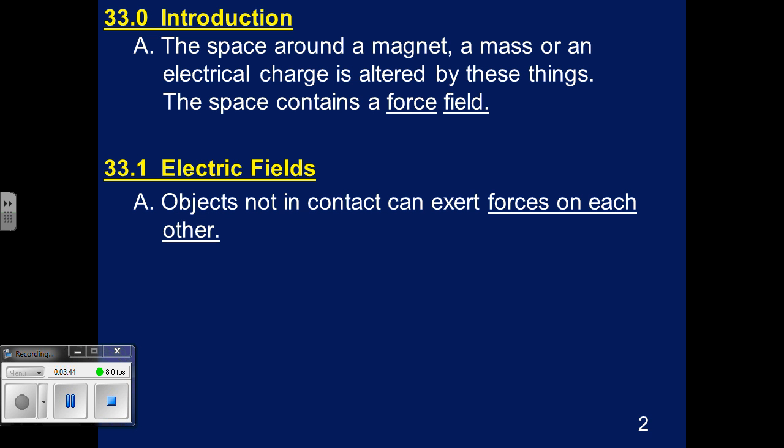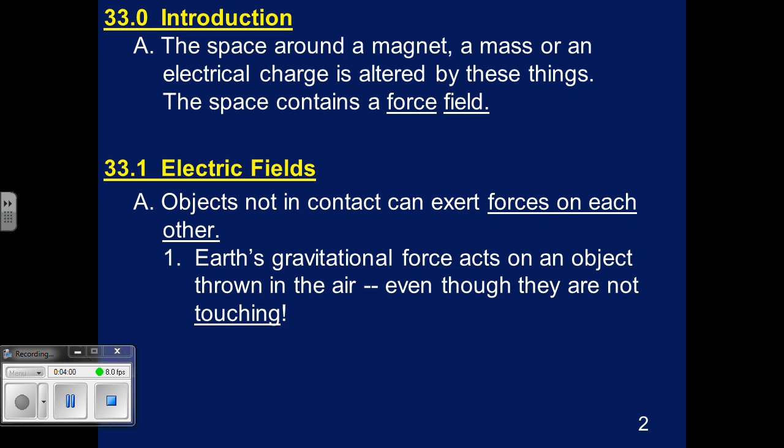So objects don't have to necessarily be touching each other to exert forces. For me to move a chair or to move a desk, I have to actually touch it. But for the earth to bring a ball back down to earth that's tossed into the air, the earth doesn't have to touch the ball.